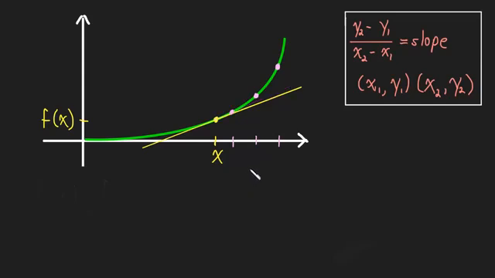So we say, hey, why stop there? Why not move even closer and closer and get better and better estimates? So we're taking our estimation point and we're approaching the point of tangency. And that should start to sound like a limit to you. And that's exactly what's going to end up happening.